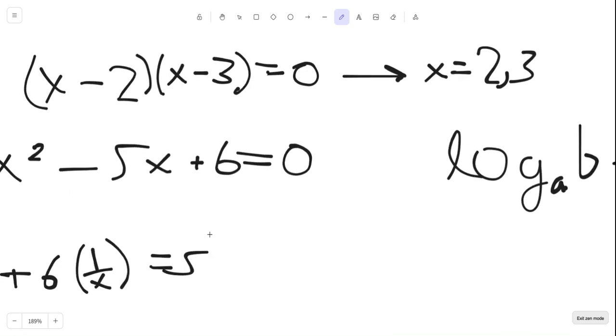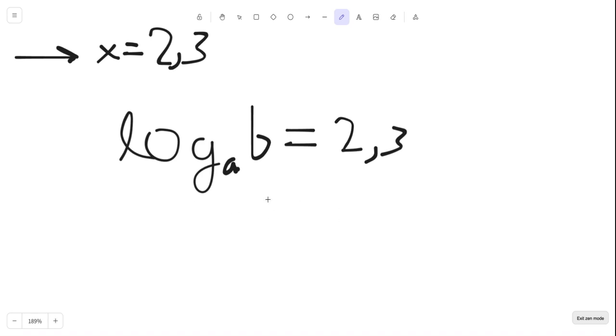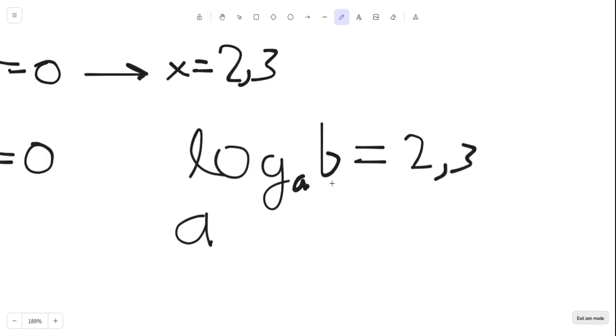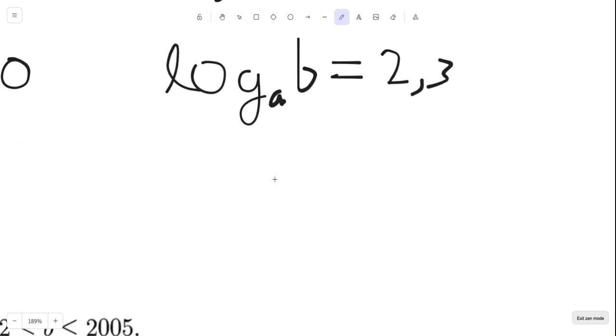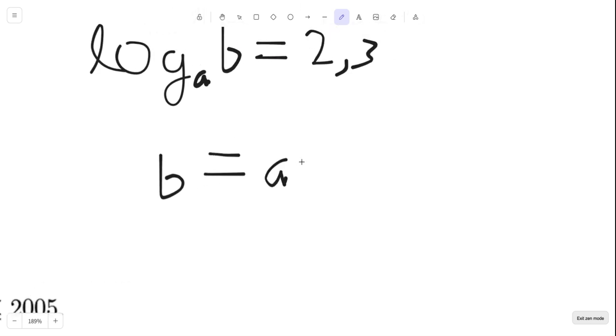Okay, so first of all, we can raise a to both sides, because log base a of b will cancel out to just b. So if you raise a to both sides, you would get b equals a squared or a cubed.